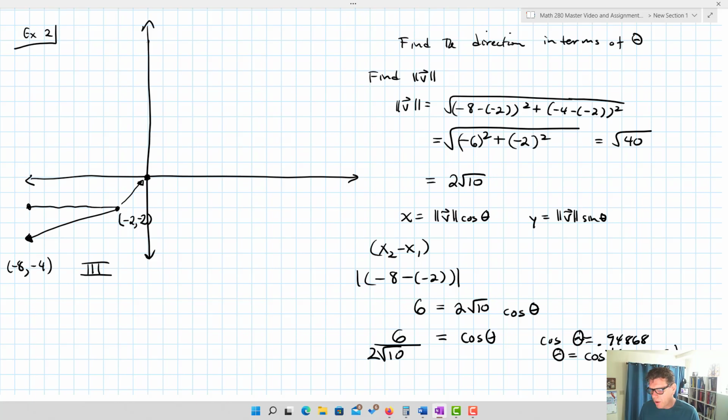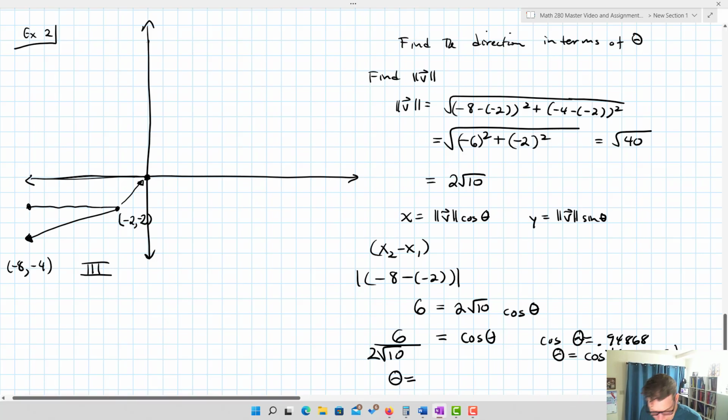And then we're going to have to calculate that difference from pi. So it's essentially going to be pi plus whatever value we get back from our calculator. So I got cosine inverse of my answer, that's 0.32175. And then I'm going to add pi to that.